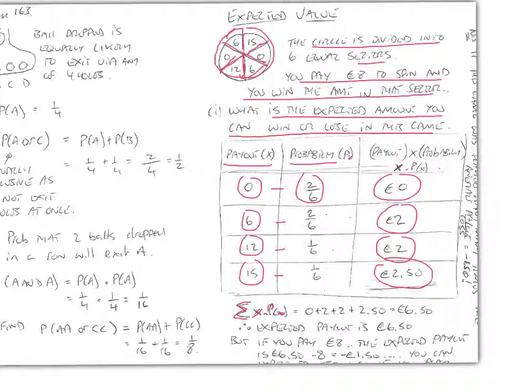So it's the sum of these, and that's equal to €6.50. So the expected payout, or the expected value, is €6.50. Now, if you were to pay €8 to play the game, the expected outcome is €6.50 minus 8, which is minus €1.50. So you can expect to lose €1.50 if you continue to play this game.